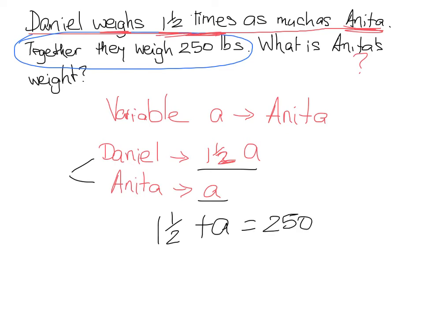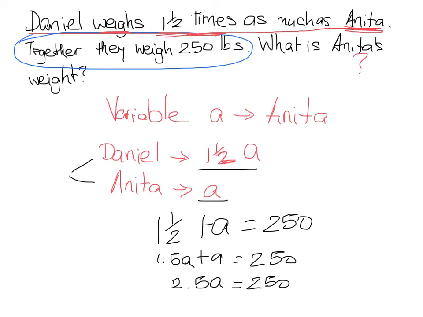Really 1.5A plus A gives us 250. 1.5A plus A is actually 2.5A. So 2.5A gives us 250.